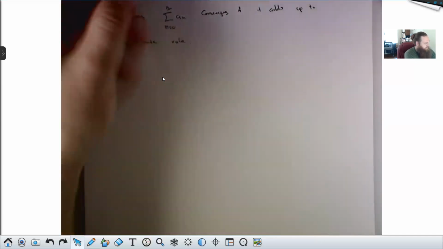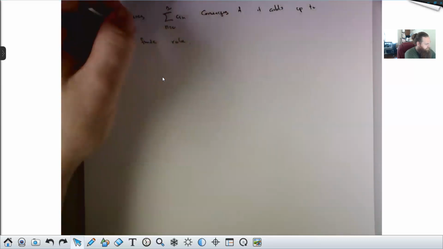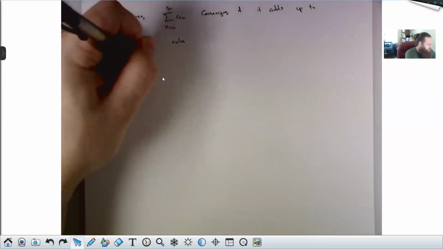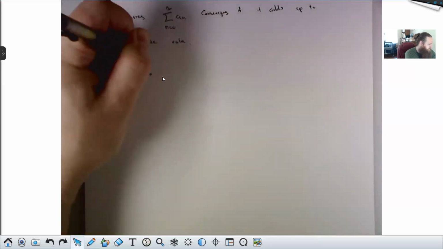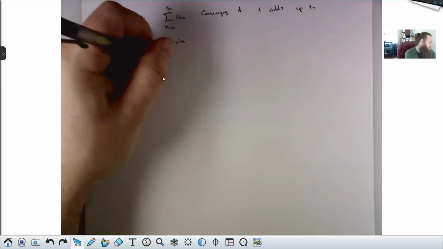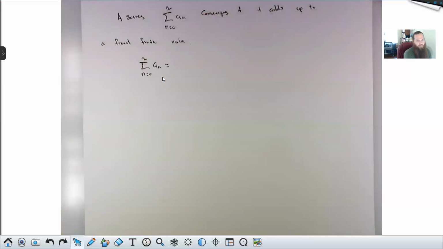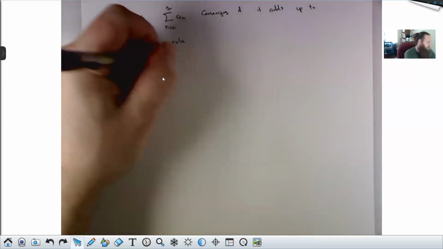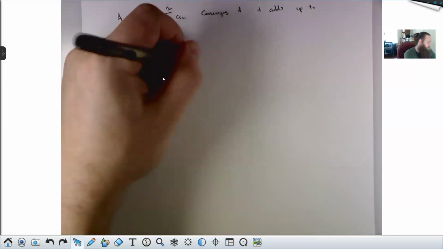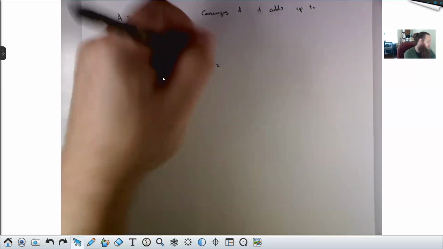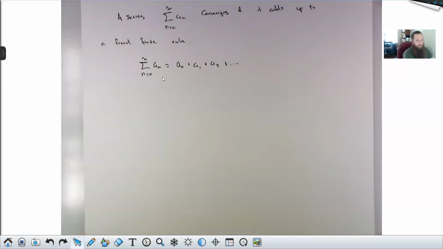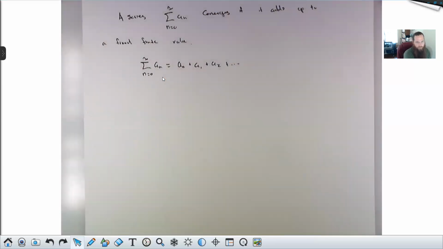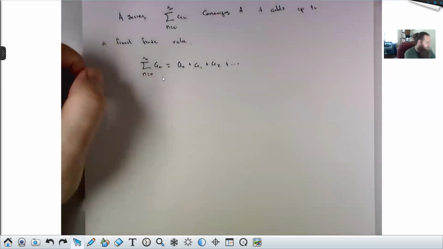The details here are somewhat important. This notation is just a shorthand for addition. So the sum from n equals 0 to infinity of a_n, that's a0 plus a1 plus a2 plus and so on. It's an infinite sum. It's a series that goes on and on and on forever.